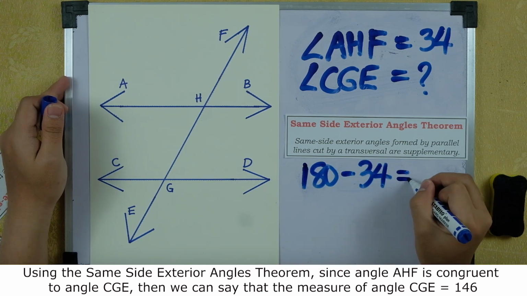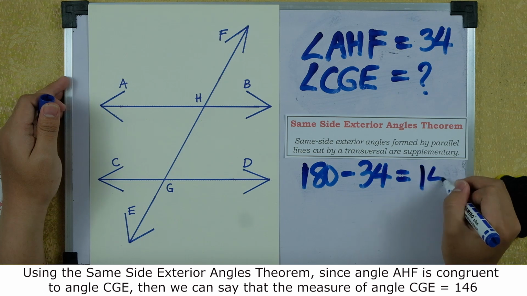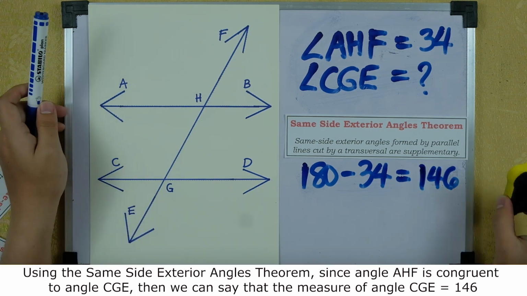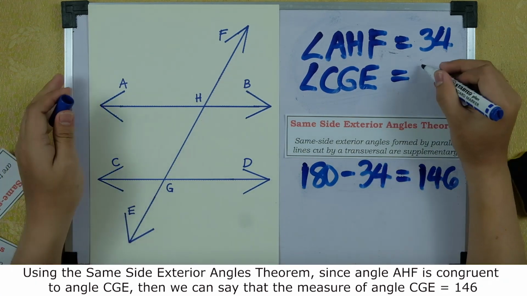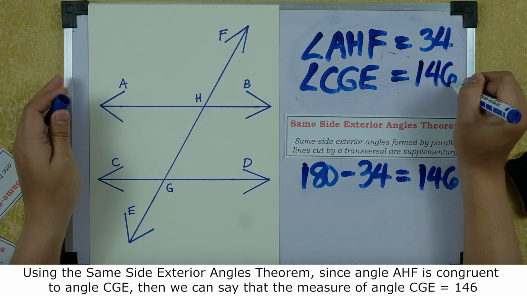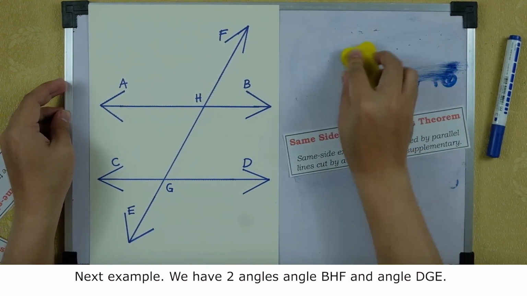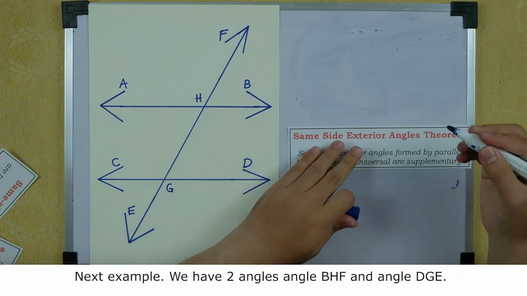And here, 180 minus 34 gives us 146. Therefore, angle CGE is equal to 146.